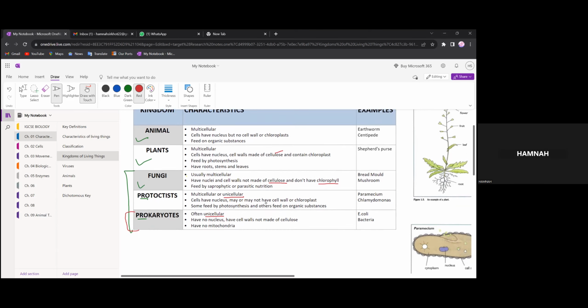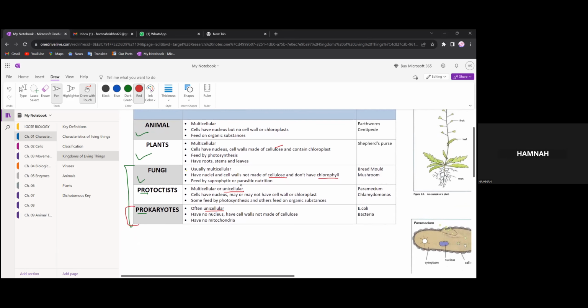They feed by saprophytic or parasitic nutrition. Do you know what parasitic nutrition is? Do you know what a parasite is? A parasite lives inside another organism, or even if it doesn't live inside that organism, it feeds on other organisms, and when it feeds on another organism, it harms it.